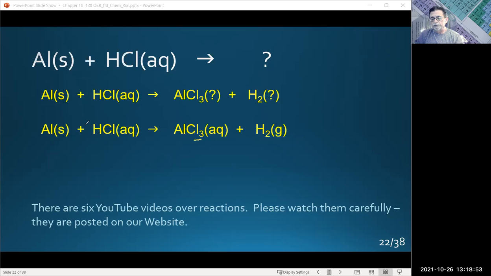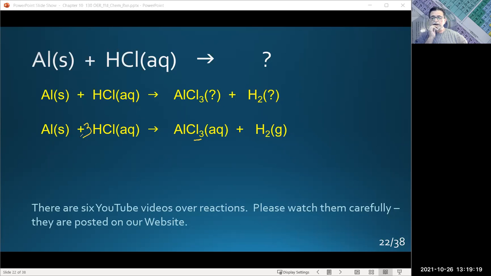What if I put 3 there? That balances my chlorides, but it messes up my hydrogens, because now I have 3 hydrogens on the left and 2 on the right. So I get a disparity here.